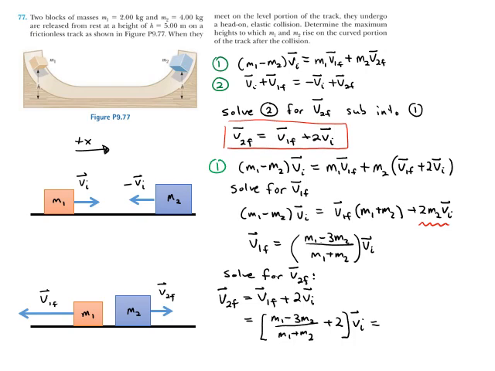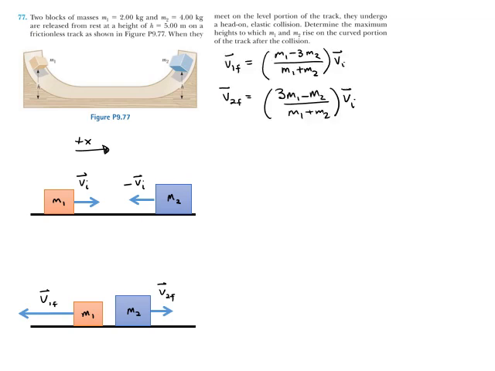I'm going to get 3m1 minus m2 over m1 plus m2 times vi. Okay, so we now have our two velocities, v1f and v2f. So now we can finish the problem. We'll do that on the next slide.